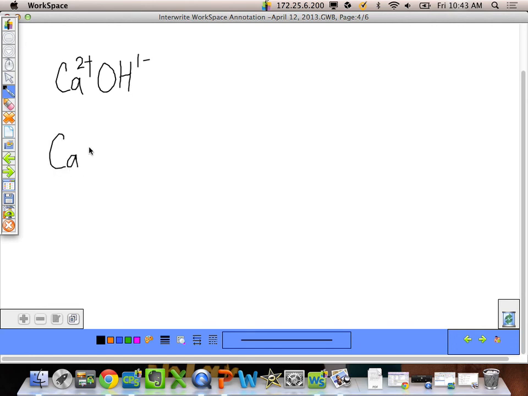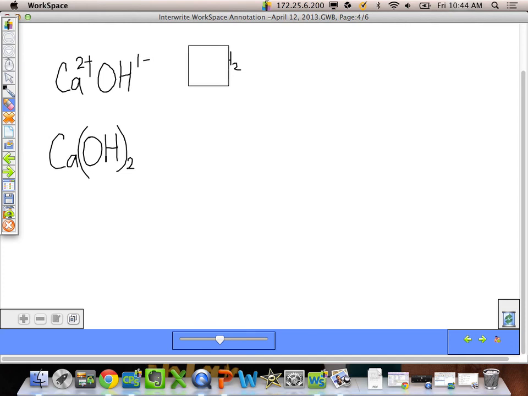So that I would write as Ca(OH)2. We do need the parentheses, because if I just put CaOH2, the 2 is only going to the hydrogen. I suppose you could. It might get confusing for somebody who doesn't realize that that means we have a hydroxide there. But theoretically, yes, you could.